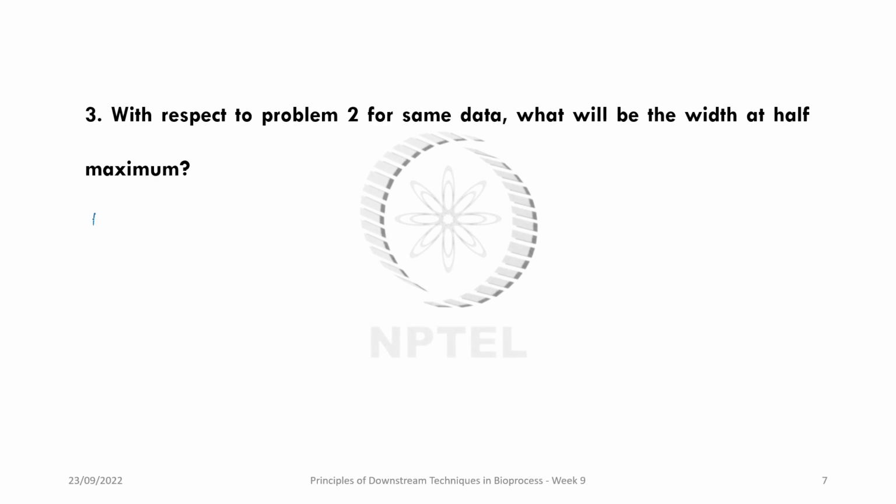So now we already know that n is equal to 309.76. We know that n is equal to 16 into TR by W the whole square. So this is what we used and this is what we got. What is the formula for half maximum? It's 5.54 TR by half width the whole square.